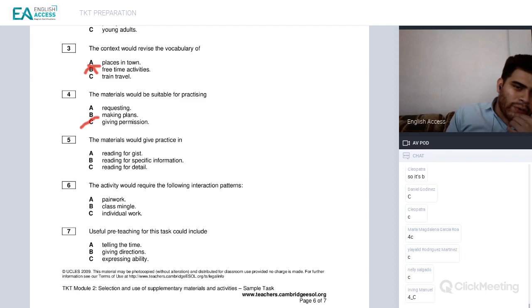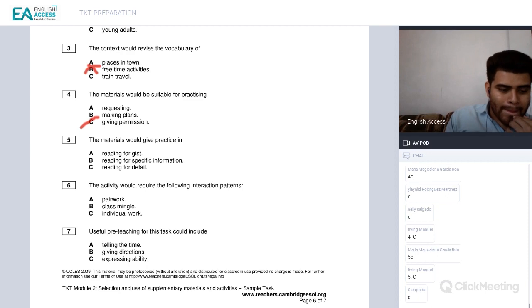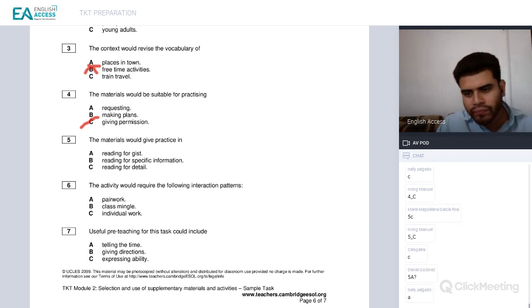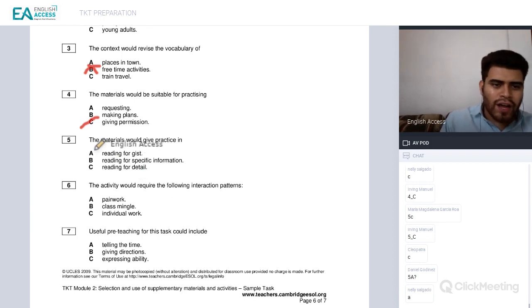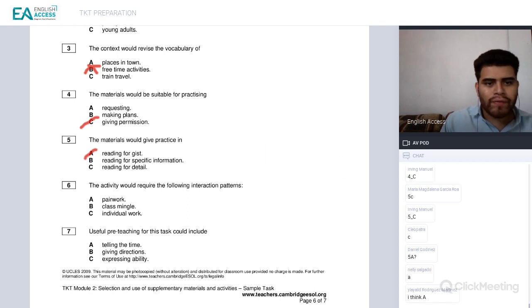And 5, the material would give practice in reading for gist, reading for specific information, or reading for detail. The answer that is not appropriate is reading for gist.